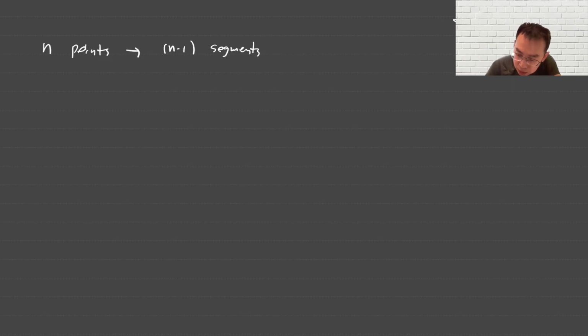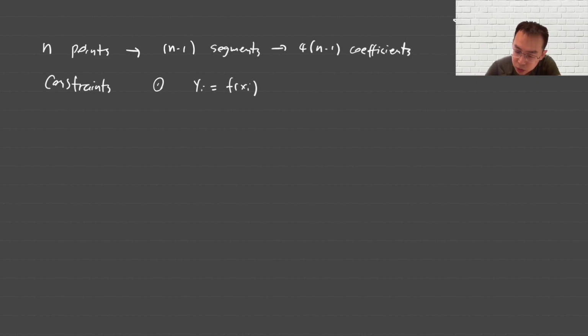And this means that we have 4 times n minus 1 coefficients. These are unknown parameters we want to solve. And let's talk about the constraints. First, we have yi equals f of xi. That's because we have n data points, so there are n equations.